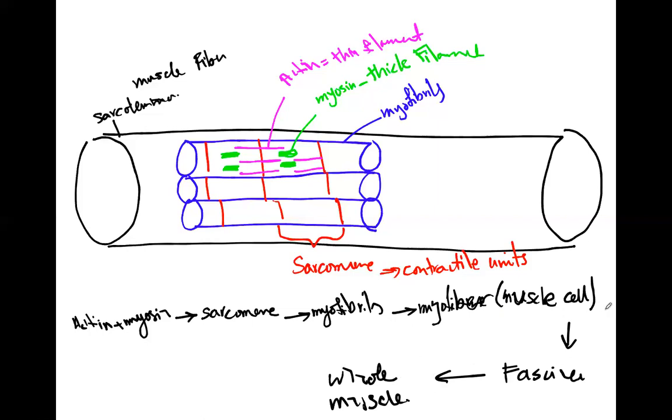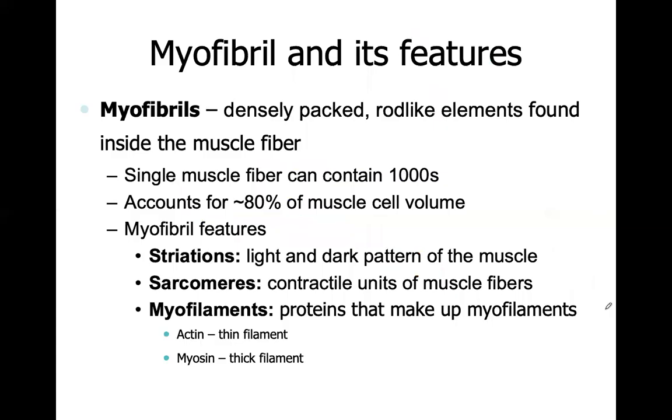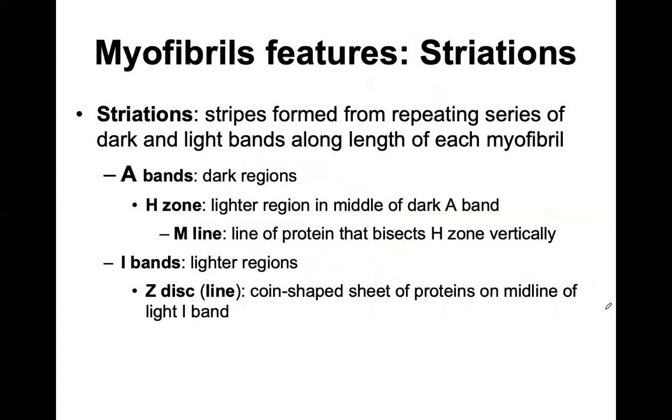Now, going into a little bit more detail about this is looking at some of the features of your myofibrils. So each of the sarcomeres have regions are called A-band, which are the dark regions, typically associated with myosin. You have H-zone, which are regions that are lighter in the middle of the dark A-band.